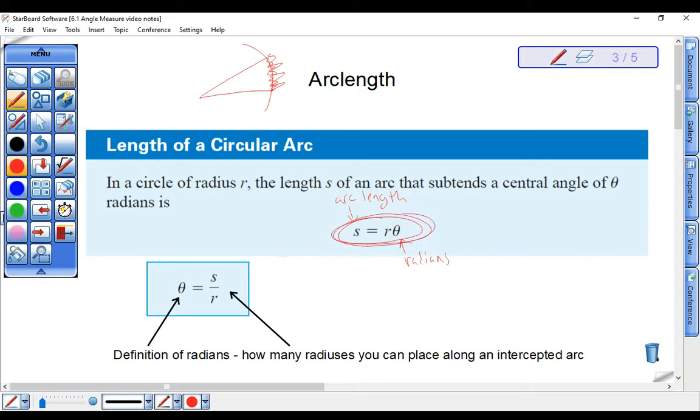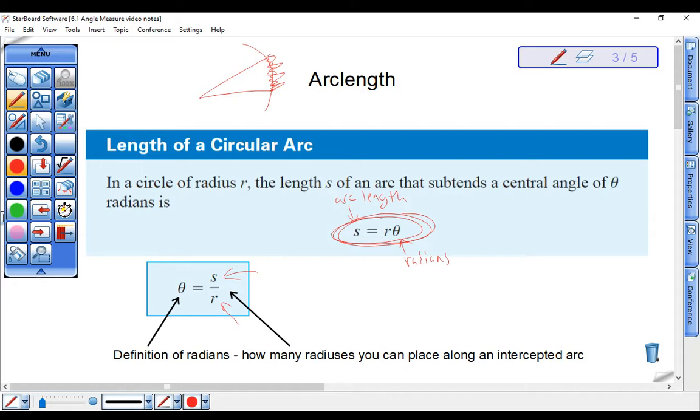Well, that should make sense because remember our definition of radians says a radian is how many radiuses you can get in an arc length, right? So if S is your arc and R is how many radiuses, if I do the math, get theta by itself, the radians by itself, radians is the arc length divided by the radius of the circle.